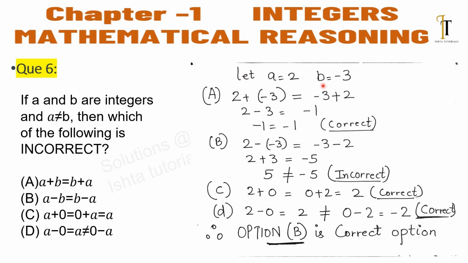Let's apply these two values in all the options. Option A, on solving I got correct, but I need to find the incorrect one. B, on solving I got incorrect, might be it will be the answer. C, 2 plus 0, 0 plus 2, again correct. And D, that is 2 is not equal to minus 2, that is also correct. So from all the options, B is the correct option.